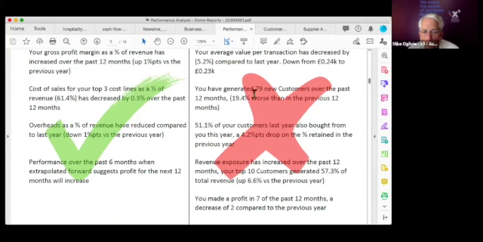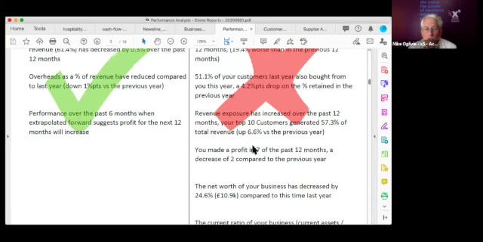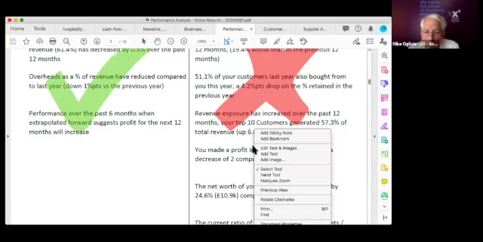But you've generated 79 new customers over the past 12 months, 19 fewer, so that's a reduction in the number of new customers you generated. So 51.1% of your customers last year also bought from you this year, but that's a 4.2% drop on the amounts retained. So what it's doing is analysing the good bits and the bad bits from your figures.